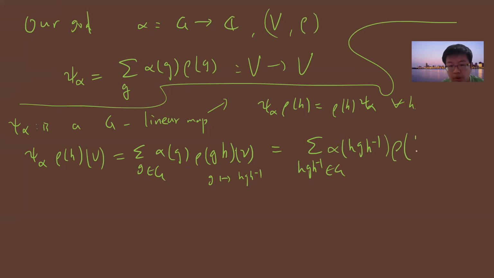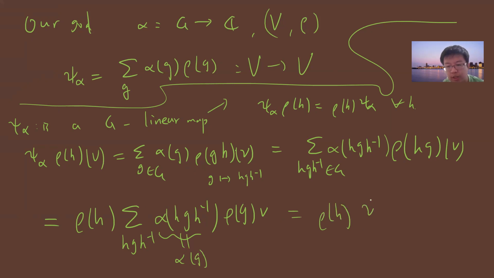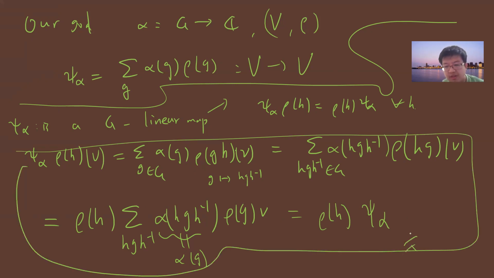So it is rho hg v, right? Okay. So we can pull out this rho h. Right? It becomes this, and remember this alpha is a class function, right? So this is the same as alpha of g, which is just rho h times phi alpha. Okay. So yeah. So from here.